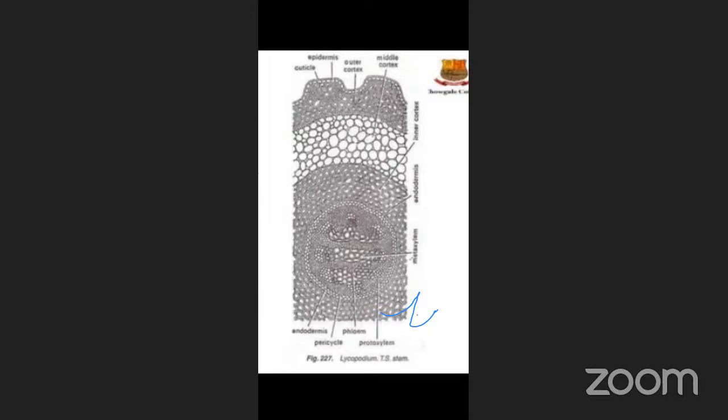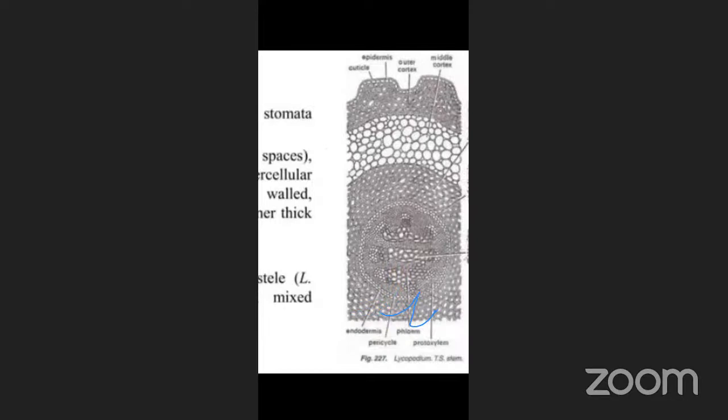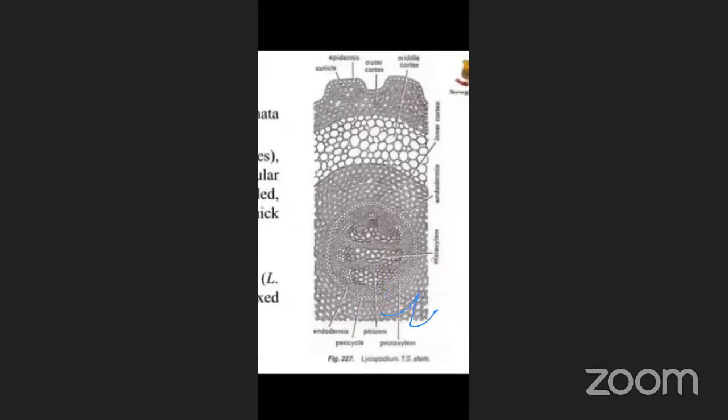There are different types of steles. The actinostele: the xylem is formed in a star-like shape, so we call it actinostele.